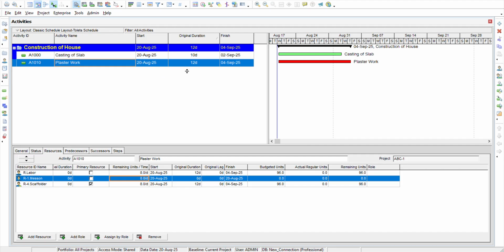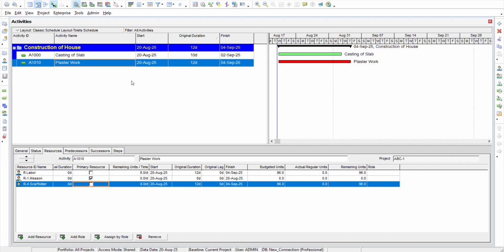This activity is of 12 days, but I need the mason throughout the activity, labor throughout the activity, but the scaffolder is needed in intervals, at the start and then at the finish. For that, I will again assign a scaffolder.